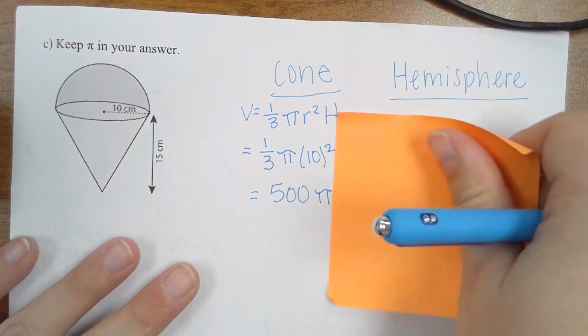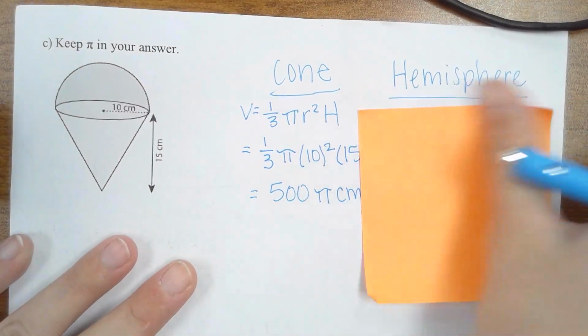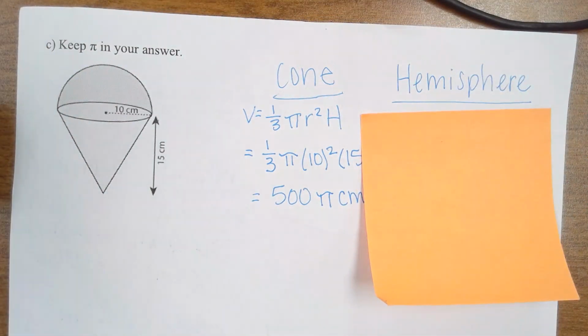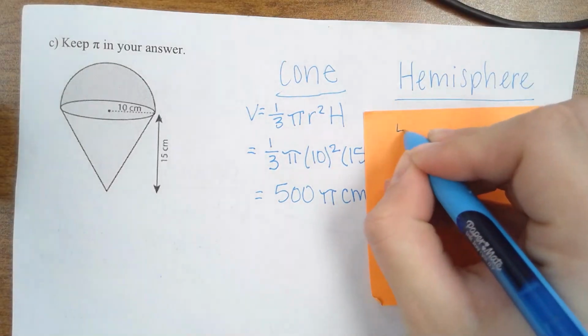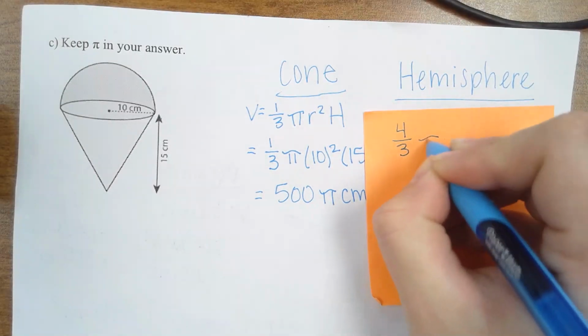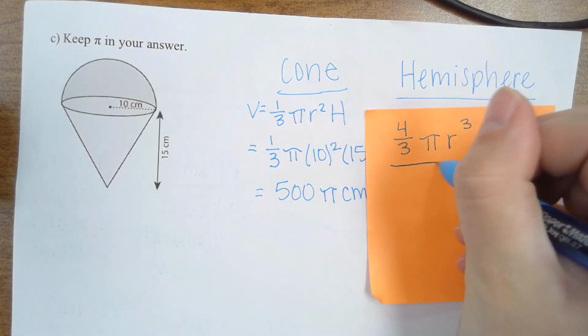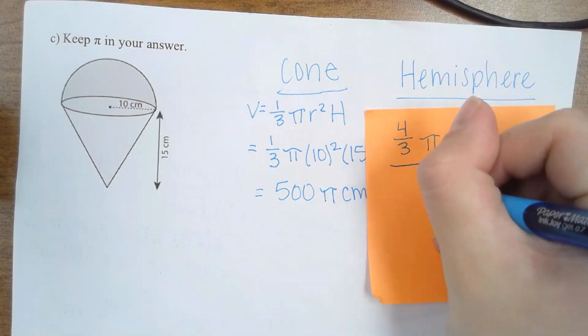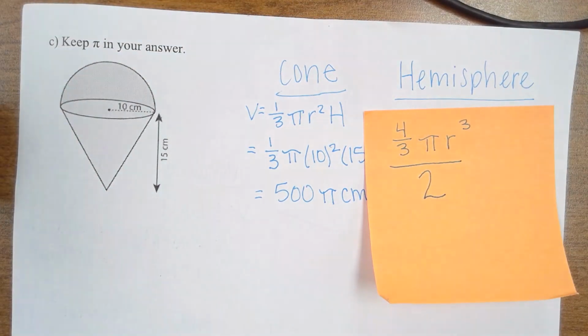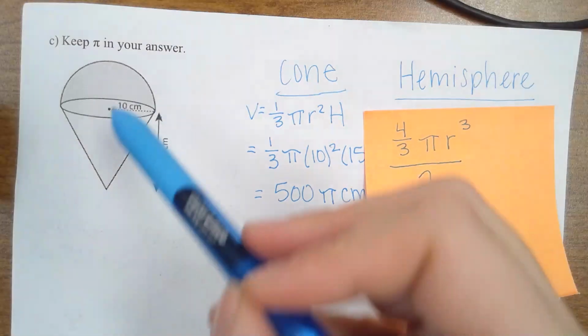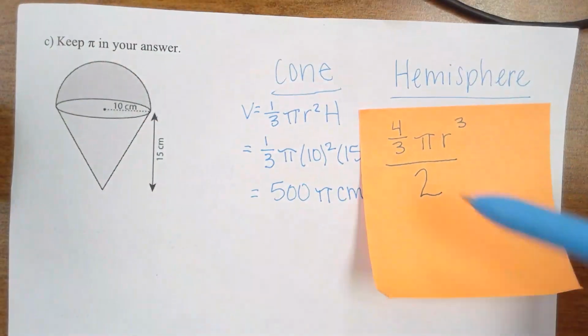Our formula for a sphere was 4/3 pi r cubed. For a hemisphere, we're just going to take this entire thing and divide it by 2. You can find the volume of a whole sphere first and then divide it by 2.